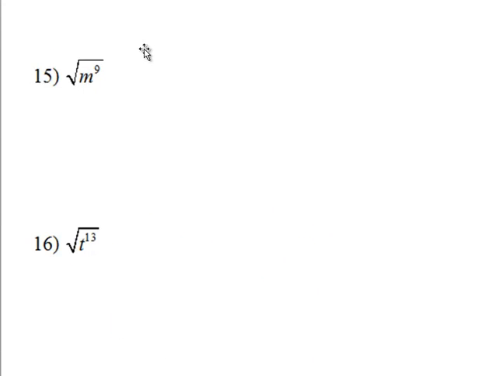Let's take a look here. Right now we're just working with the square root, so the index is 2, and that's understood. The power of the radicand is 9. So what I'm going to look at is 2 goes into 9 4 times with 1 left over.